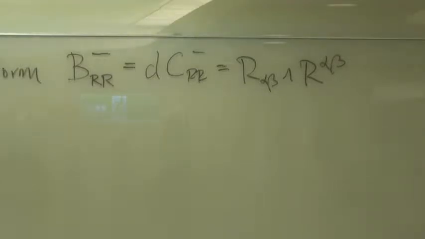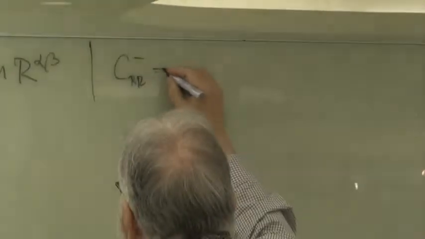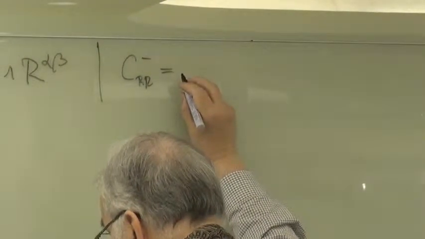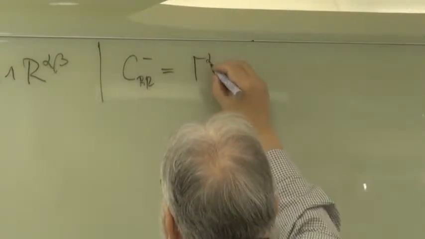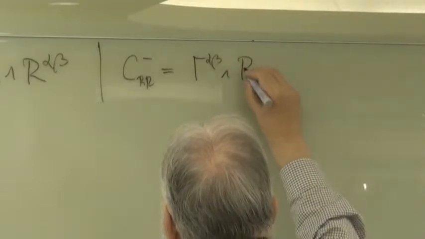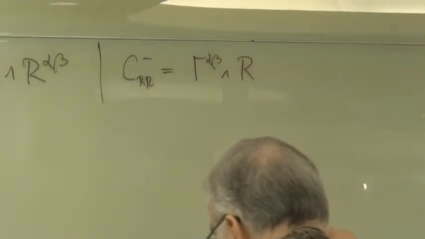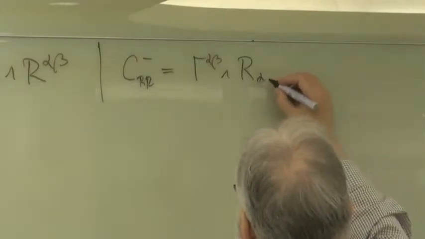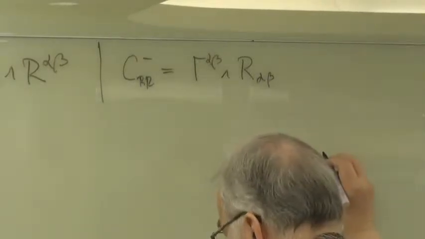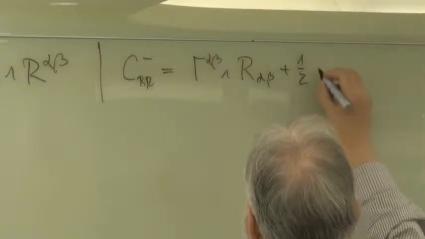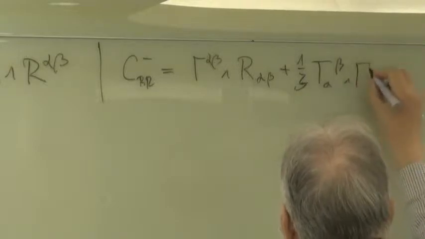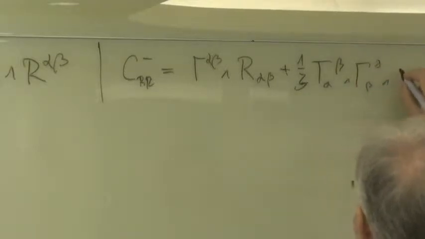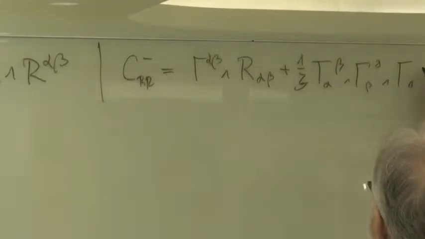I mean, you can really just note the CRR minus, it turns out to be Γ^{αβ} ∧ ... I hope I get all signs right, but in case I don't, I'm sure that Weichen will correct me. So plus 1/3 Γ^{αβ} ∧ Γ_β^γ ∧ Γ_γ^α.